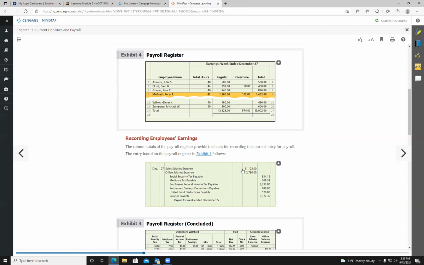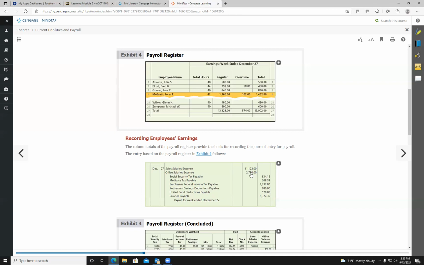Next we're going to record the amount that we're going to pay on each employee's behalf for Social Security, Medicare, federal income taxes, savings deductions, and any other kind of charitable donation or deduction that the employee wants. And then, of course, their net pay, which is their salaries payable.